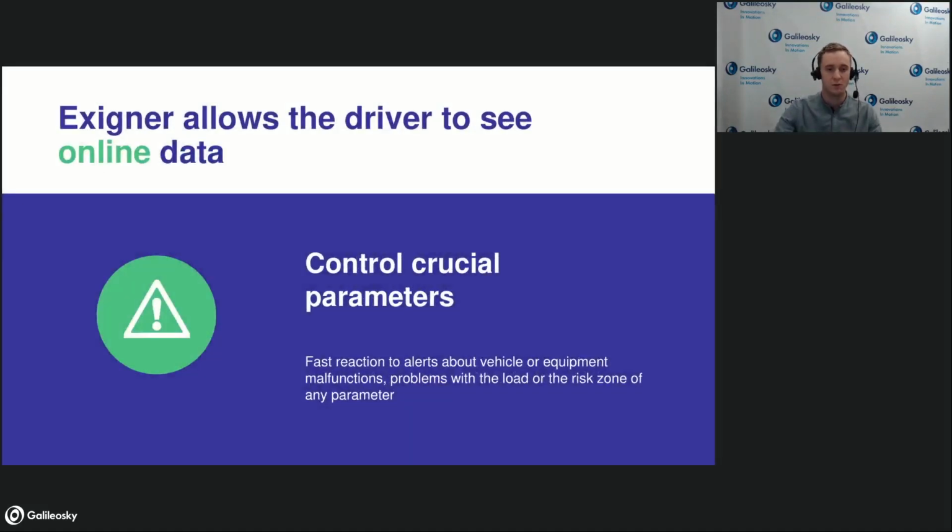So also we can control the crucial parameters. We can help the driver to control those parameters. It is not only about the cargo and the temperature of the cargo or something else. It is also about the information which might be received from CAN bus. So, for example, if the tracker transmits DTC error codes, the driver might have the error codes landed on the application itself.